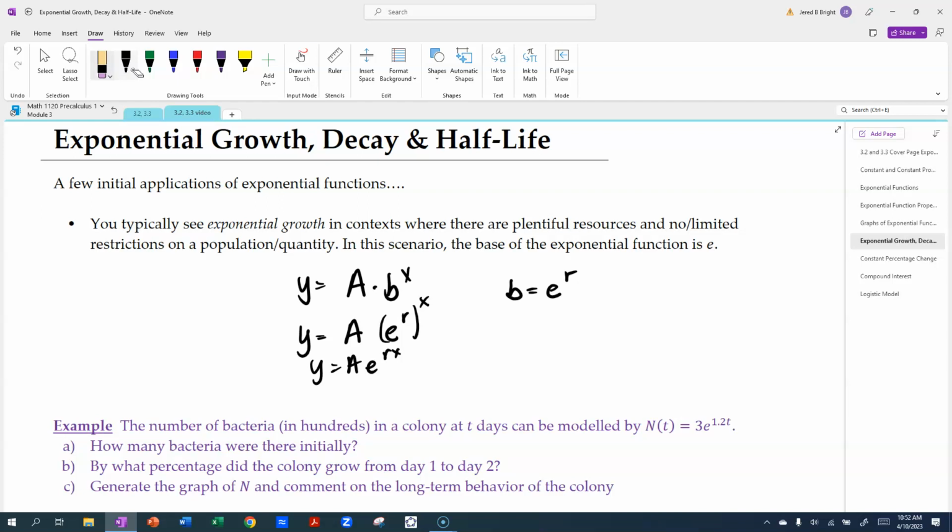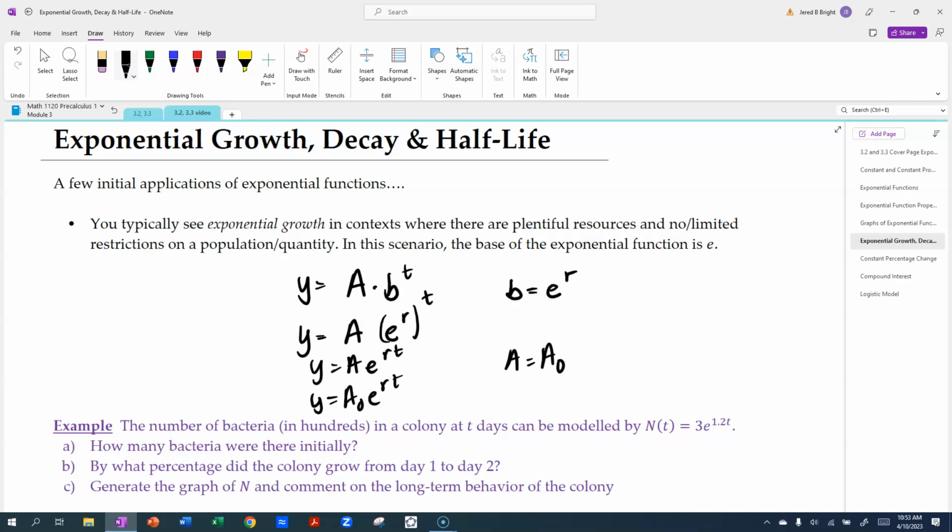Typically, instead of x, we're working with time, so we let x be t. And the other interesting thing is that this a, we typically use a subscript of 0 on it to indicate some initial amount: a0 e to the rt.